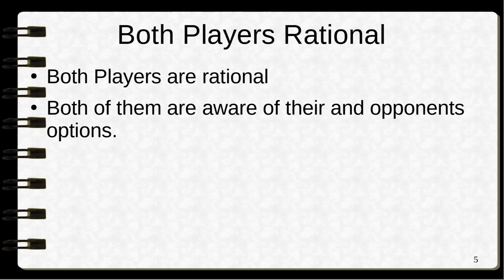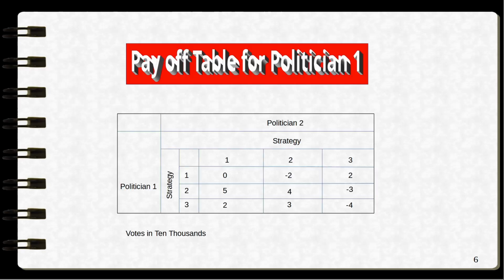That is, they either campaign in one city, Pune or Mumbai, for 2 days, or they campaign for one day in each city. So, both the politicians are aware of the strategies available to the other politician. This is what we assume, and which to a large extent is true.